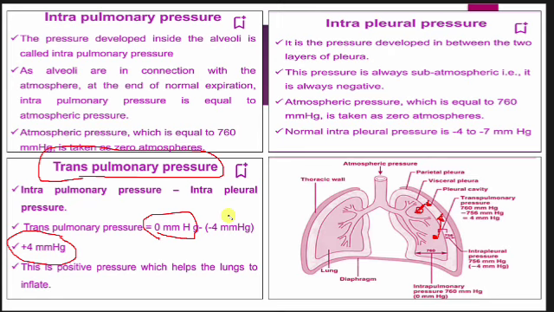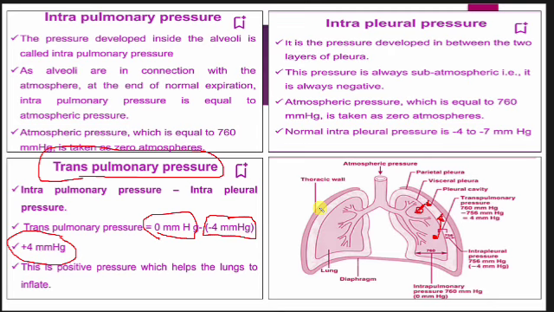Minus 4 millimeters of mercury. So put that into the formula. You now have 0 millimeters of mercury minus 4 millimeters of mercury. There are 2 minuses.